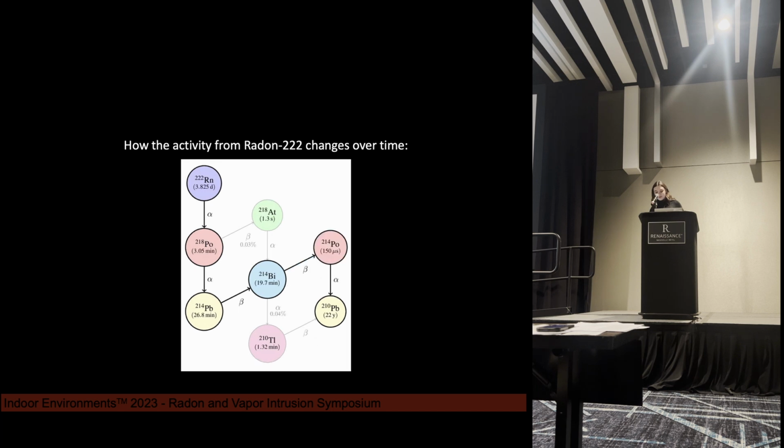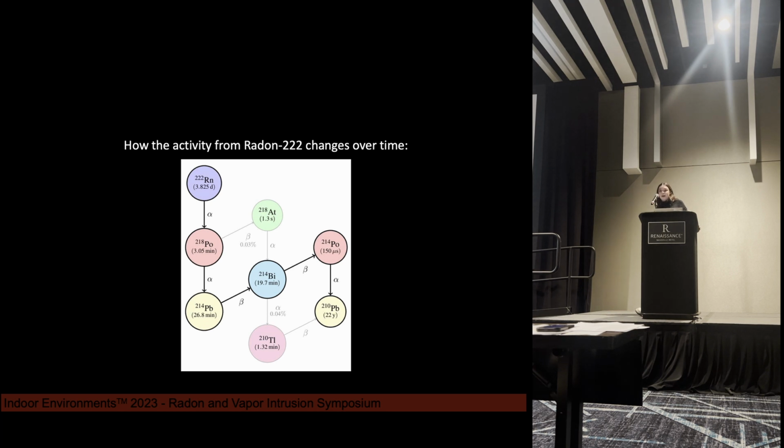So to compare this to radon-222, which has a 4-day half-life, the activity does not change within 3 minutes. However, it does decay into polonium-218, which is an alpha emitter, and it has a 3-minute half-life.